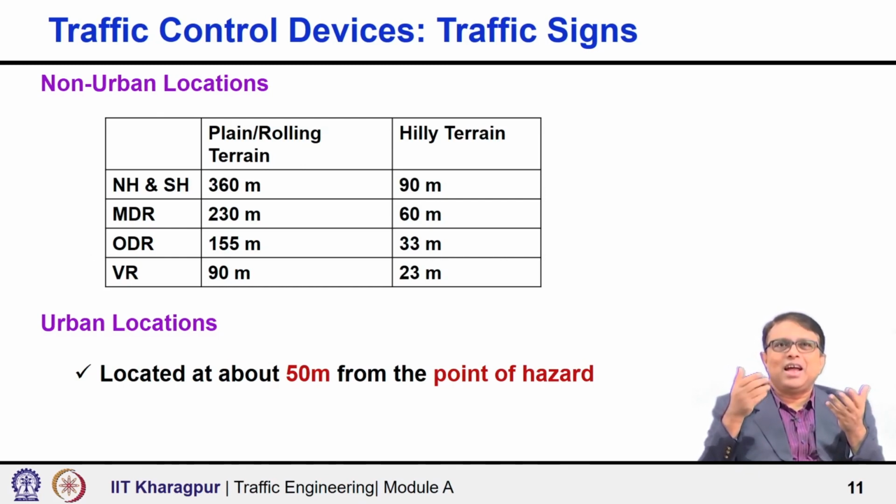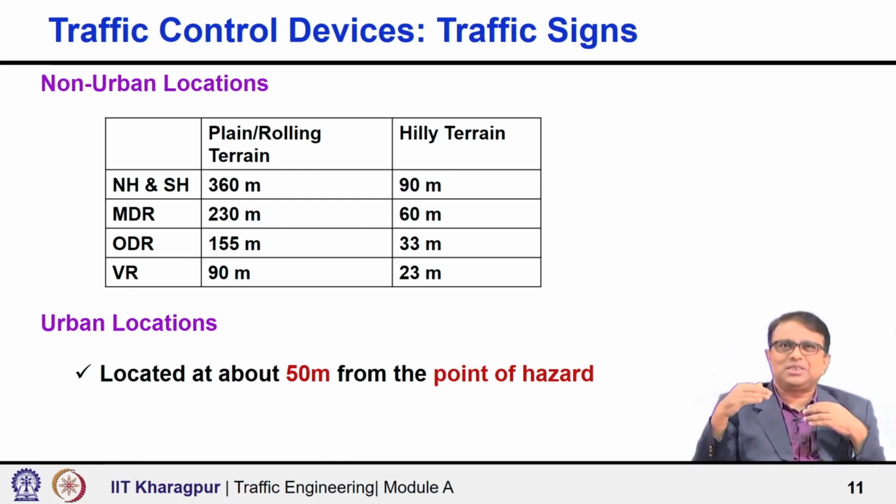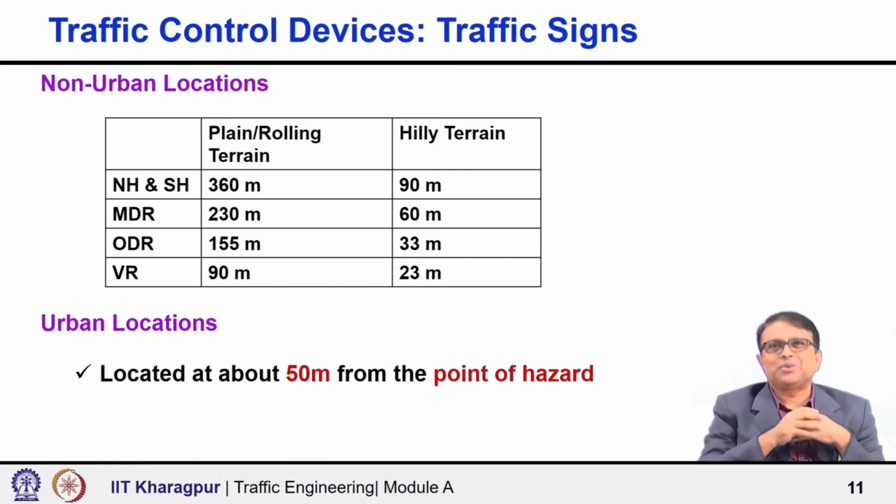And then as you go from NH, SH to MDR, other district road ODR, and village road, the speed is reduced, so the distance will also be lower.